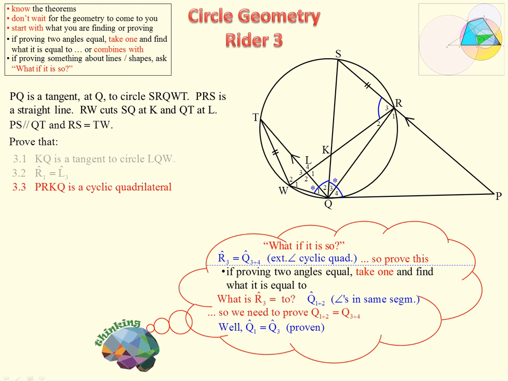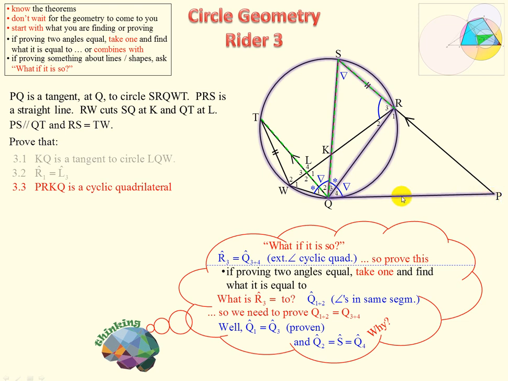Well, Q1 equals Q3. That's proven. Remember, angles subtended by equal chords. And Q2 is equal to S, which is equal to Q4. And there's some big hints for you.